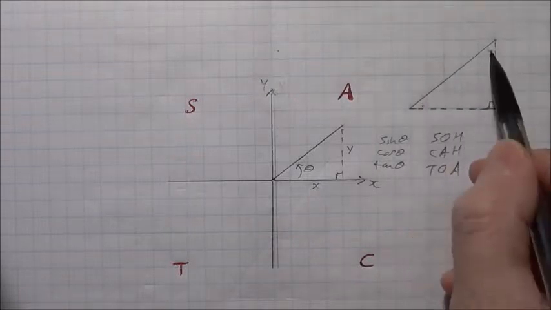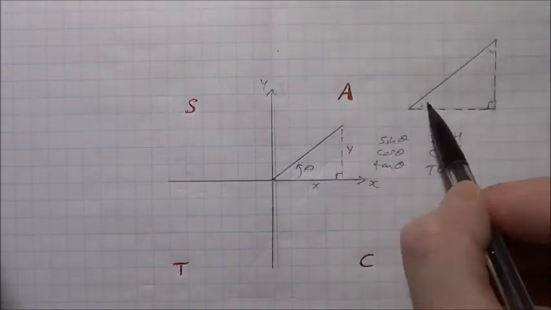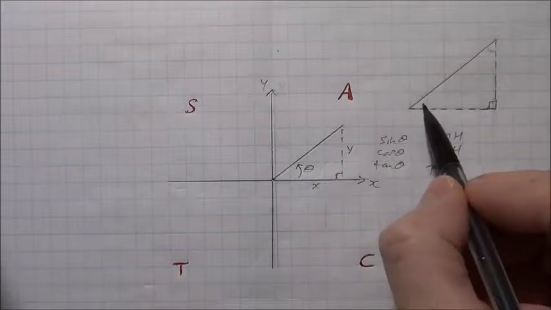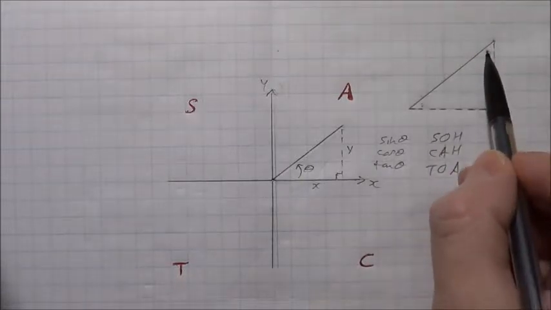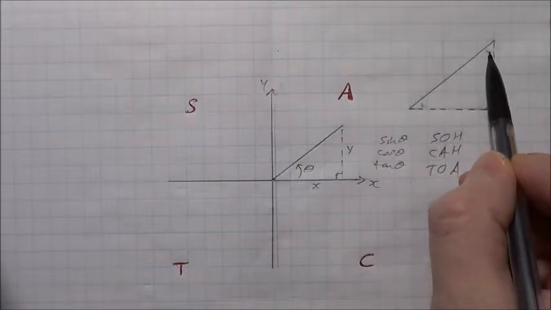But between them, they have to add up to 90. So this angle could get really big, up to 88 or 89 degrees, which would leave this angle to be 2 or 1 degree, respectively.